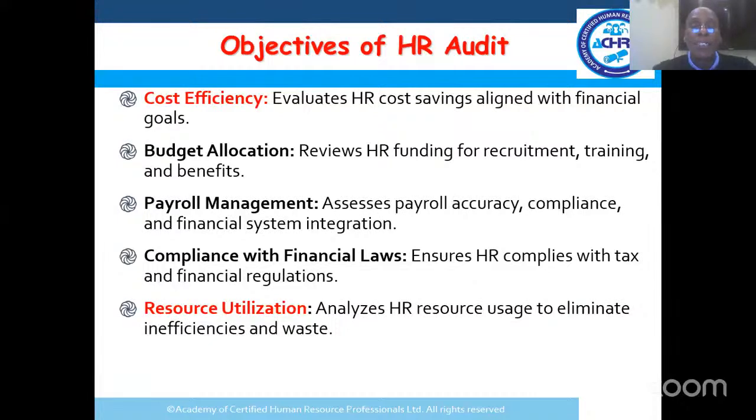As I have indicated, one of the core functions of HR is compensation and benefits. Managers in many organizations, especially HR, are in charge of payroll. So through HR audit, we are able to achieve accuracy and compliance when we conduct audits.